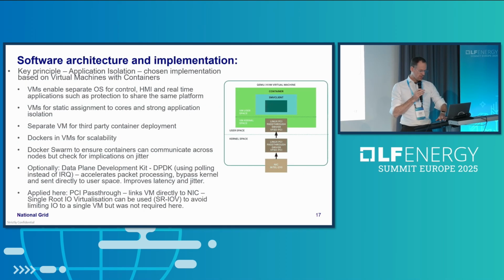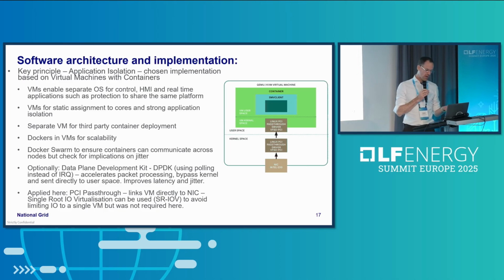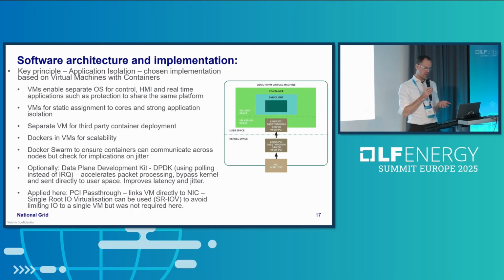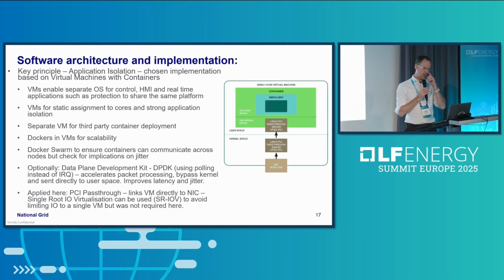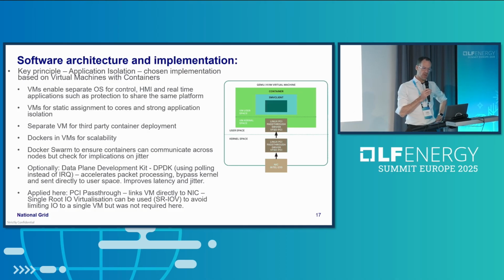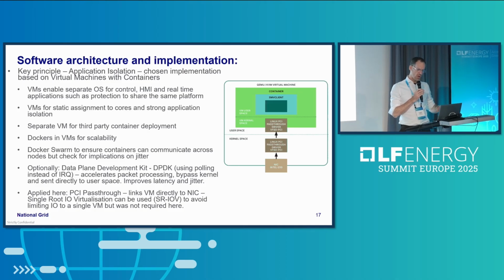So regarding the software architecture, we landed on a model with Seapath, and then on top of that VMs, and then Docker inside the VMs. And we looked at Docker Swarm as well to ensure containers can communicate across the nodes, but it's important to check the implications for jitter.